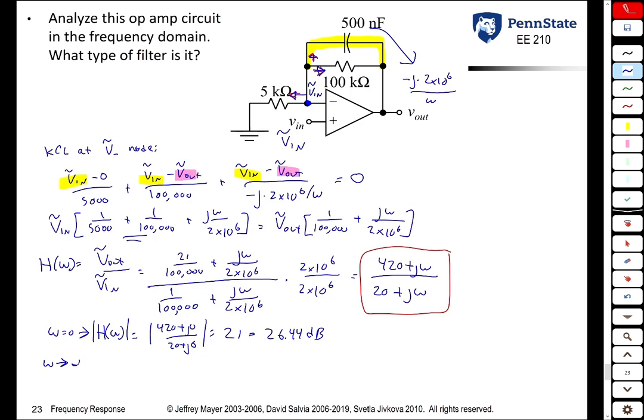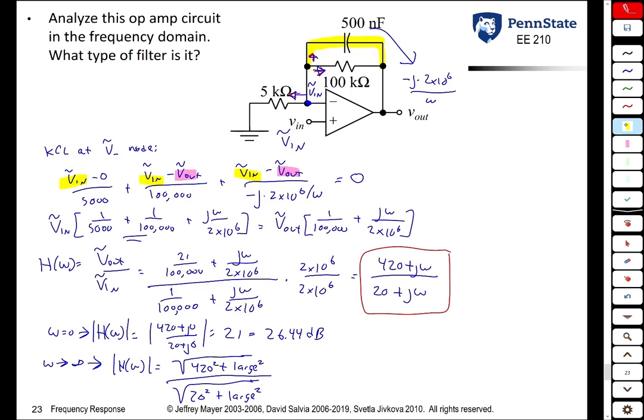When omega approaches infinity, what do we get? We get the magnitude of H is equal to what? It's going to be the square root of 420 squared plus some large number squared, all over the square root of 20 squared plus some large number squared.